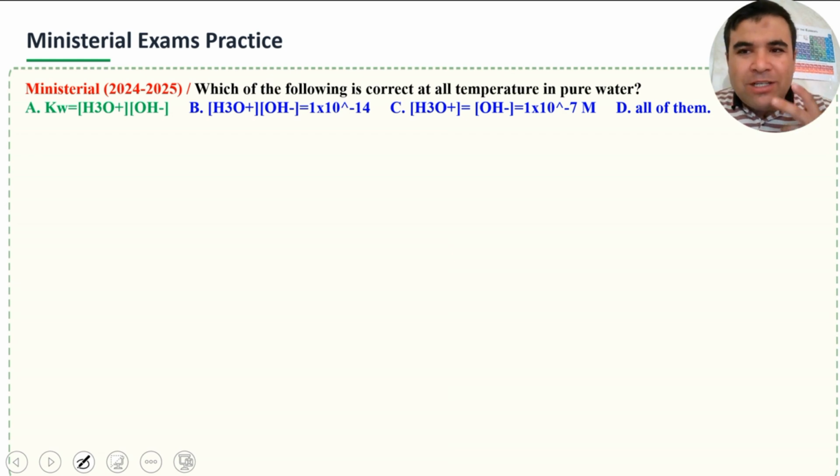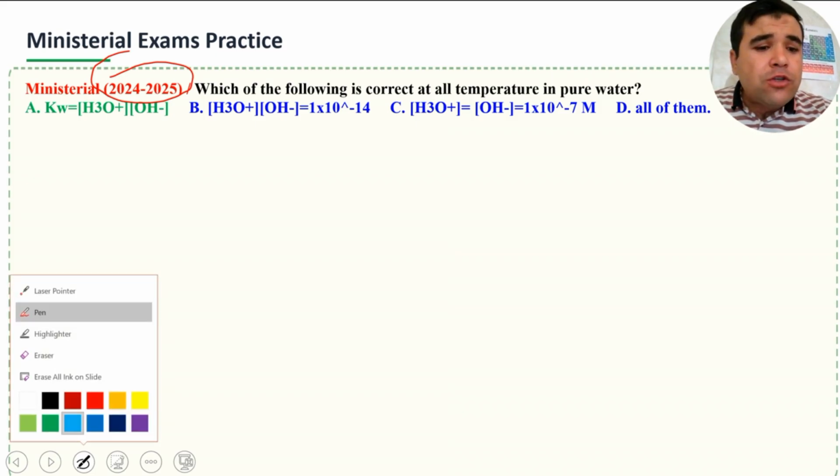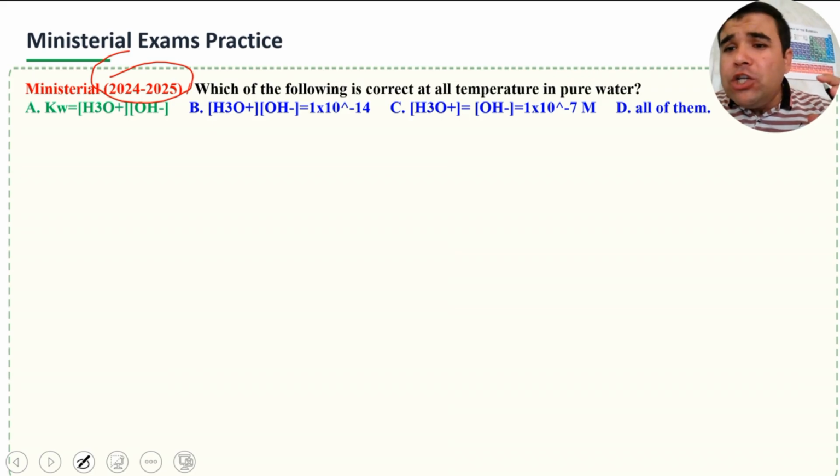It's time to solve a practice ministerial exam question to know how this section appears in ministerial exams. Which of the following is correct at all temperatures in pure water, guys? This is a ministerial exam question from the 2024-25 round. To solve it, we should know that the equations are true for all temperatures, but the values in terms of 10 to the power minus 14, minus 7, and so on can vary according to temperature.